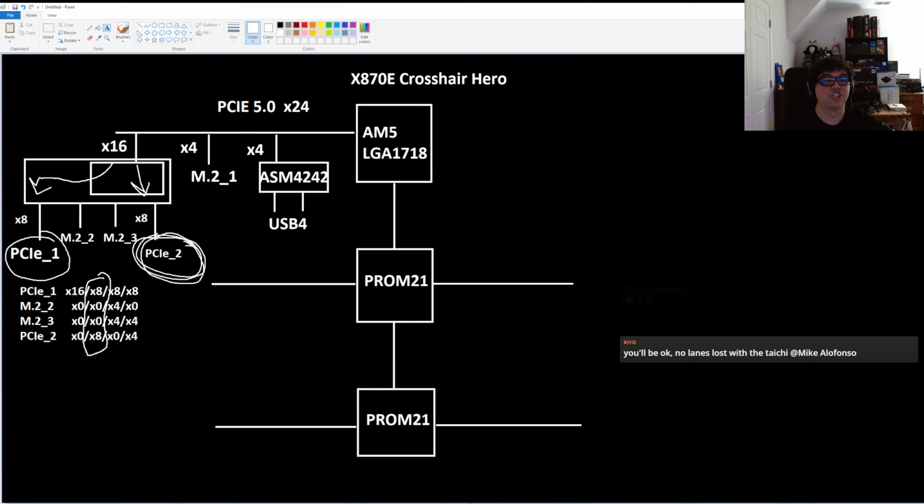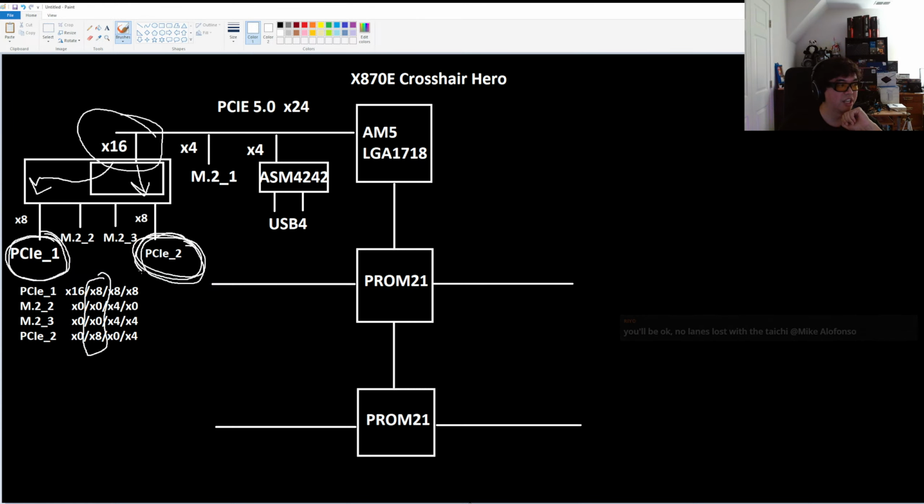Therefore, it is sharing the graphics card. I say graphics card. What I really mean to say is that these 16 lanes are getting divided equally between the top PCIe and the second PCIe slot. This will happen automatically as soon as you plug something in the second slot. It doesn't matter what it is.